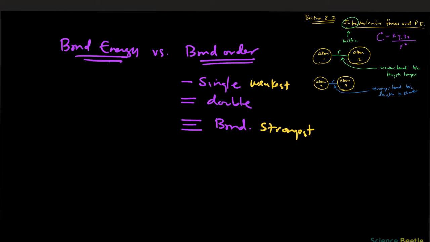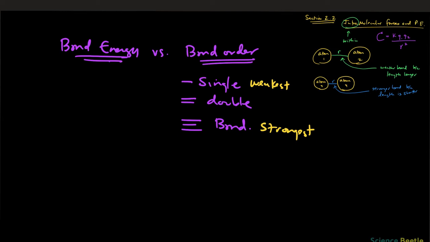One of the things here with the bond energy is that as the bond energy goes up, that's largely because those atoms are going to be more strongly bonded. Now, bond energy can vary even at the single bond level, so obviously some single bonds are stronger than other single bonds, and that has a lot to do with electronegativity between the atoms. So you want to pay attention to those kinds of things.